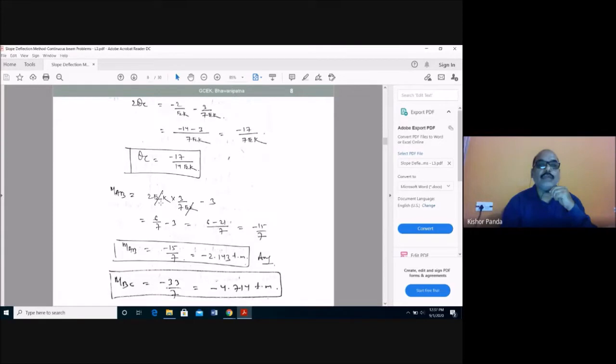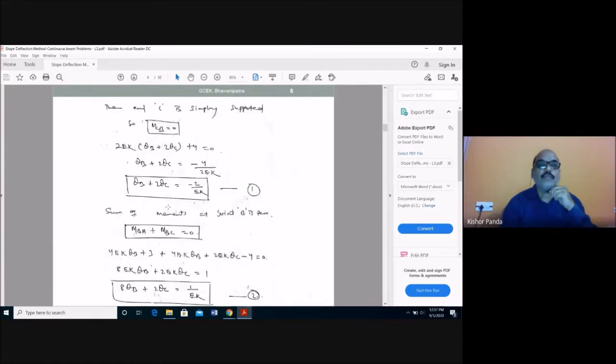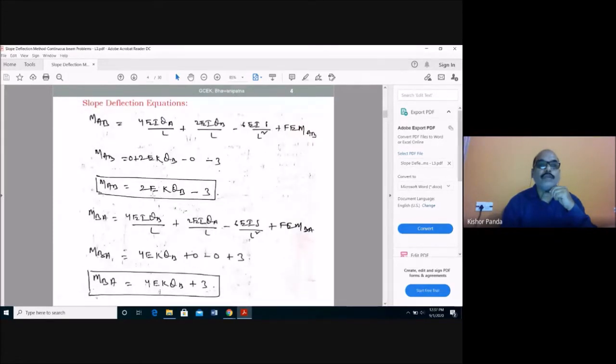So here you see MAB is 2EK theta B minus 3. And you got the value of theta B, so after putting theta B, you'll find the moment AB. Similarly, here MBA, after putting theta B, you'll find the moment MBA.